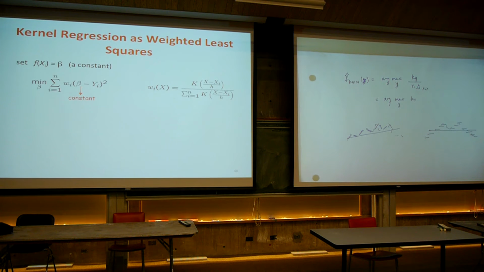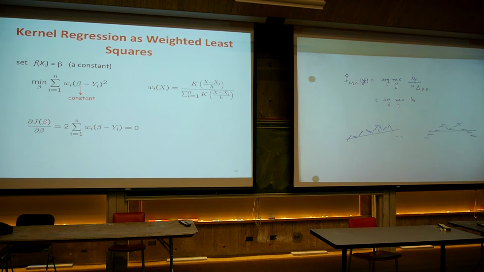One constraint you do have to keep in mind is that our weights satisfy something. Just from the expression you can see, if I sum over i all of the weights wi(x), you get a 1. So all the weights have to sum to 1. So we are doing a constrained optimization kind of, right?